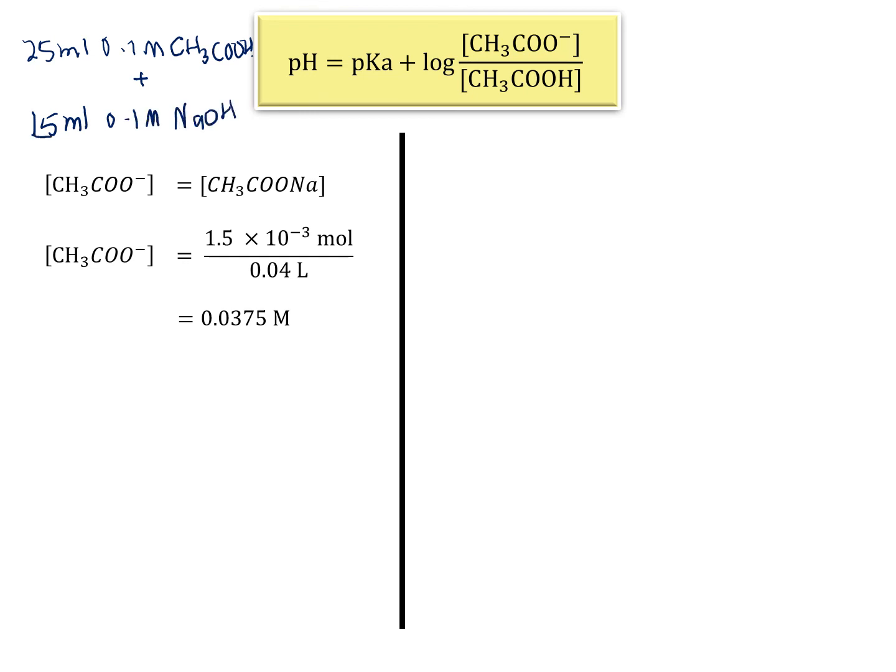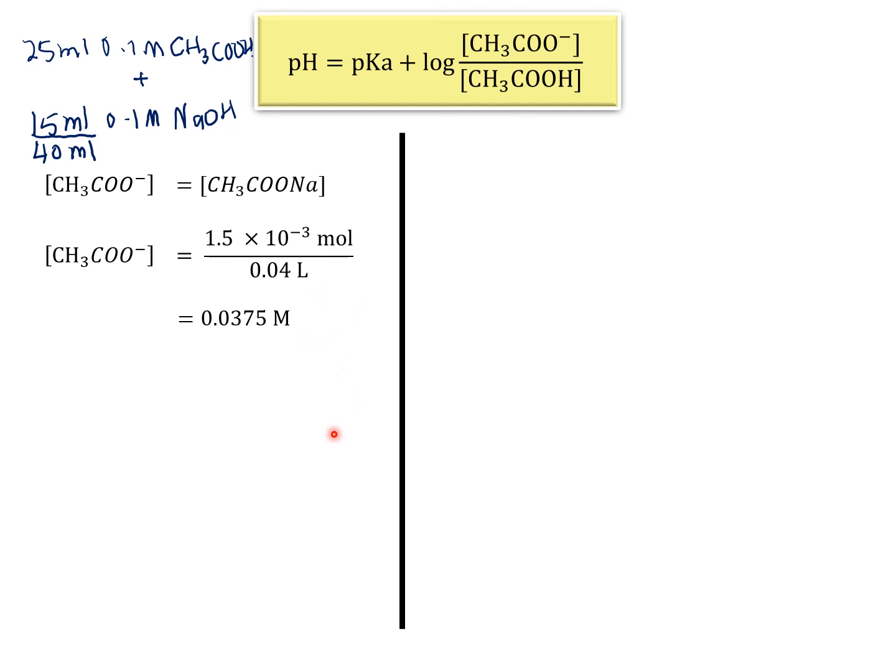So total volume 25 tambah 15 adalah 40 ml. Tukarkan kepada liter, 0.04. So that's why dekat dalam calculation kita, our final volume at this moment is 0.04. So dapatlah kita punya concentration.